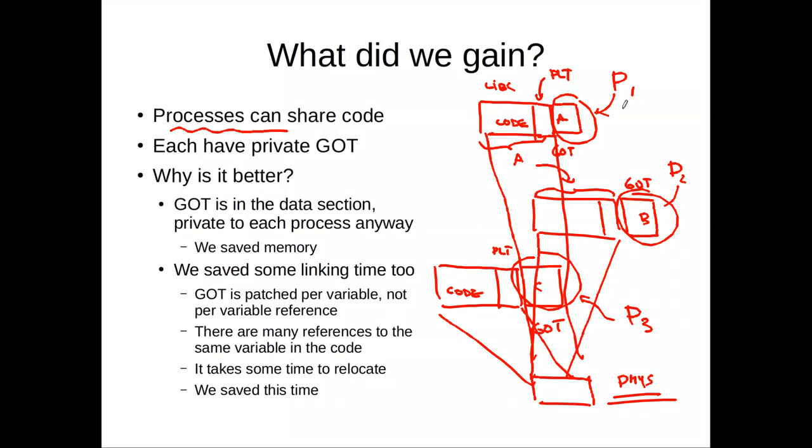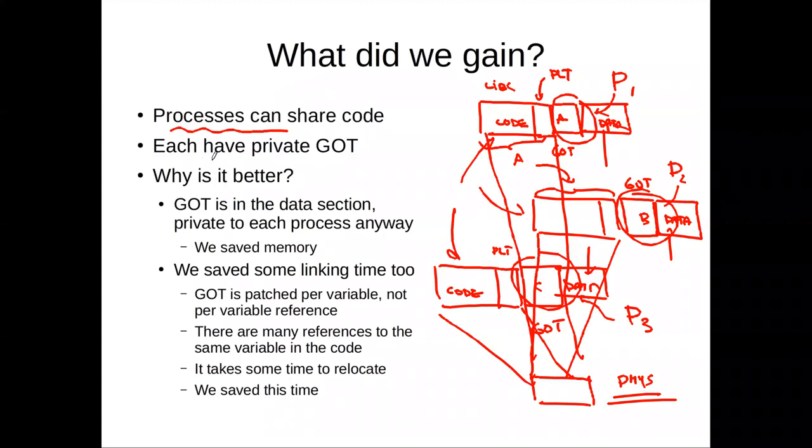There will also be a data section here, and the GOT is part of the data section. Those will not be shared, because each of them will have a private instance of data. But data sections and the GOT are relatively small, and that's important. Although I don't draw them proportionally, these code sections are big, so sharing them is a big plus.